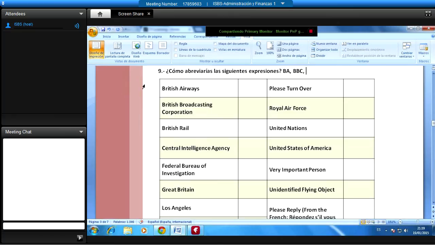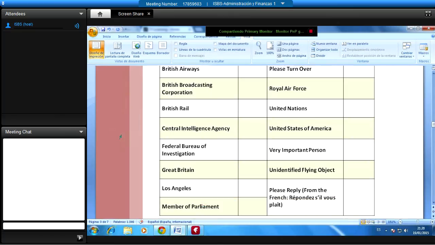This is to practice a little bit the spelling, like the alphabet. Great Britain, GB. Los Angeles, LA, like LA Confidential. Member of Parliament, that's in England. MP.